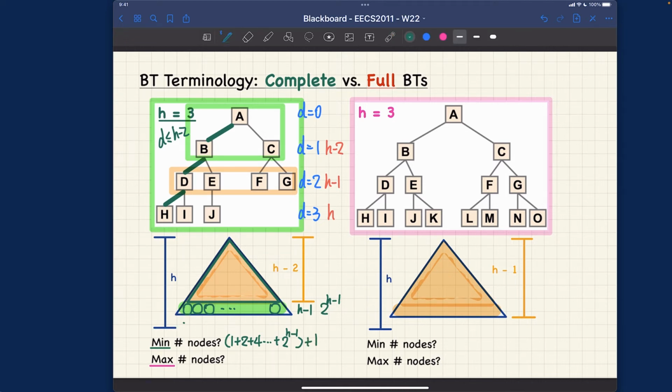What about the maximum? The maximum is going to be similar. This part over here is still going to be filled in as the maximum, so that's going to be 1 plus 2 plus 4 all the way to 2 to the h minus 1. But the maximum will be when this part over here is also completely filled in.